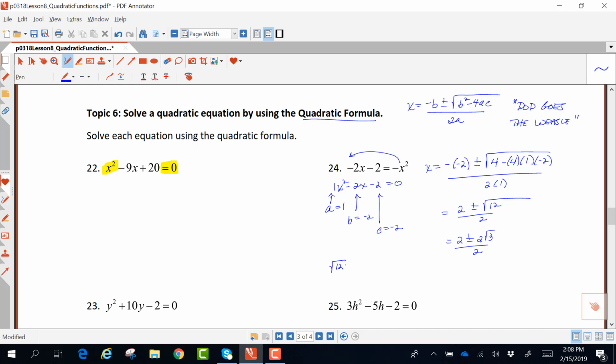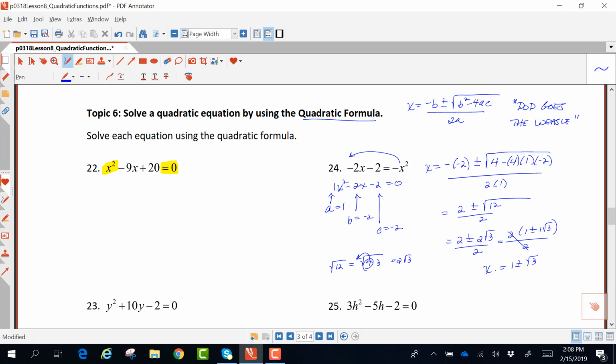Recall that the square root of 12 is the same as the square root of 4 times 3, and the 4 is a perfect square that comes out as a 2 in the front. I can reduce this by factoring a 2 out of the top and then reducing the 2 over 2, making it equivalent to 1.